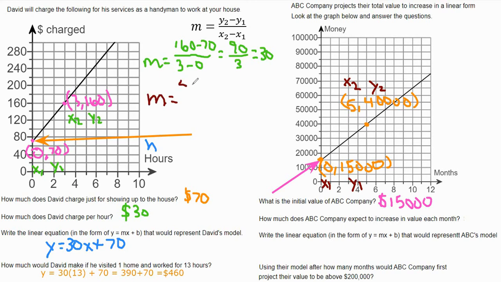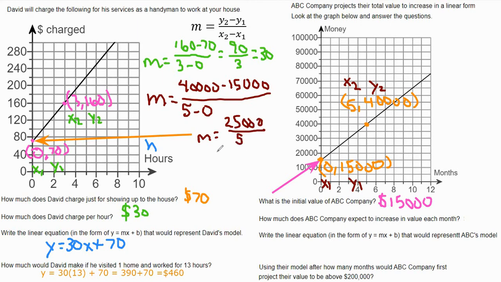My second y is 40,000, my first y is 15,000, my second x is 5, and my first x is 0. 40,000 minus 15,000 is 25,000. 5 minus 0 is 5, and 25,000 divided by 5 is 5,000.